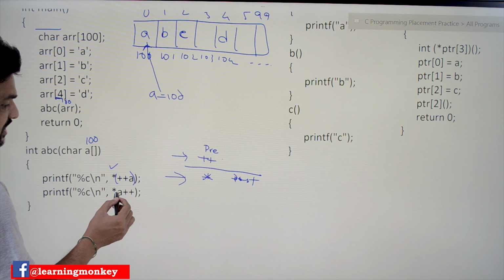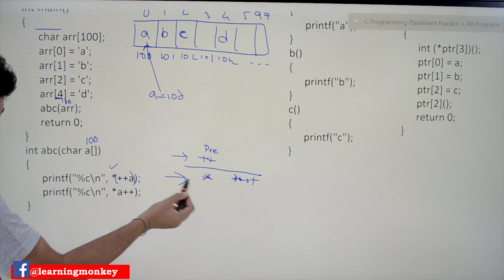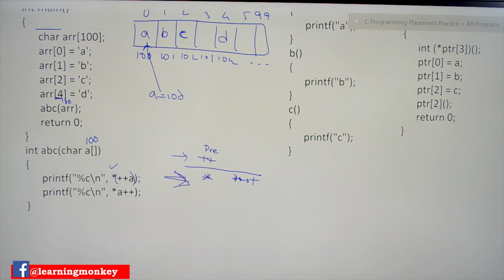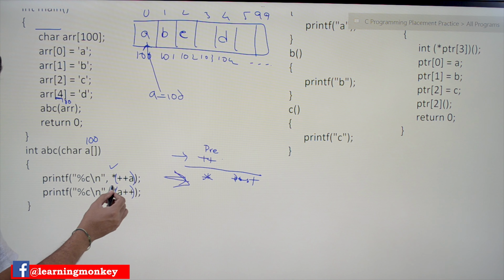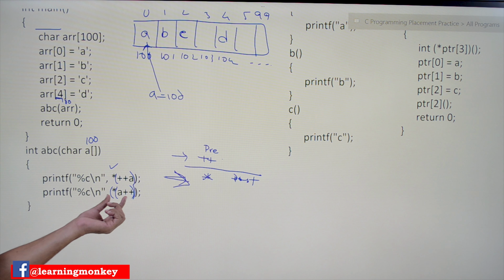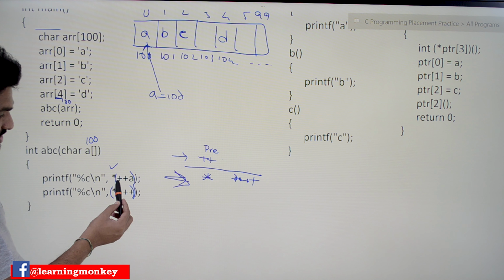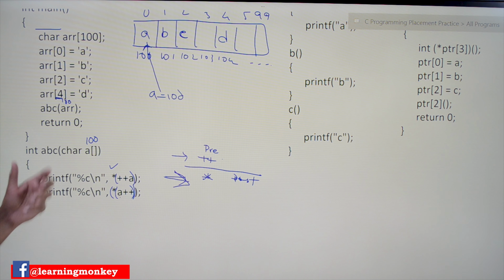The associativity of this is from left to right, and the associativity for this is from right to left. So how does this work, and what is the output?